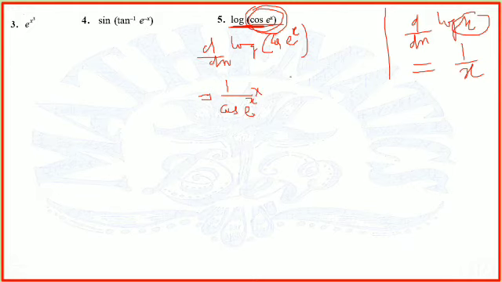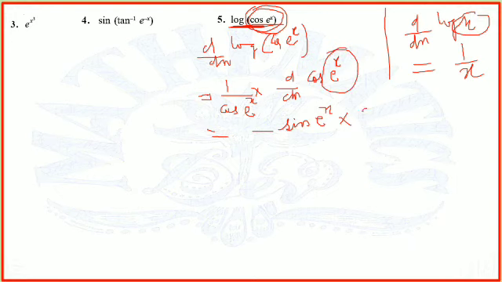Then the derivative of cos e^x. The derivative of cos is with a minus sign, sine e^x, into the derivative of its angle, d over dx of e to the power x, upon cos e^x.